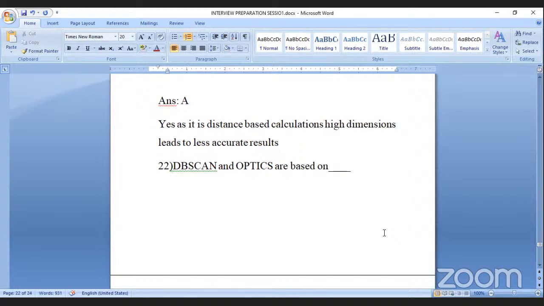No one? Non-hierarchical clustering. Okay. Let others try.